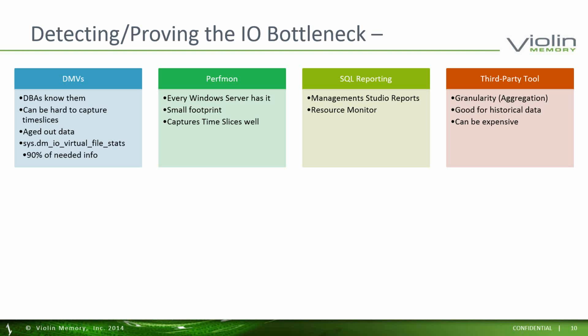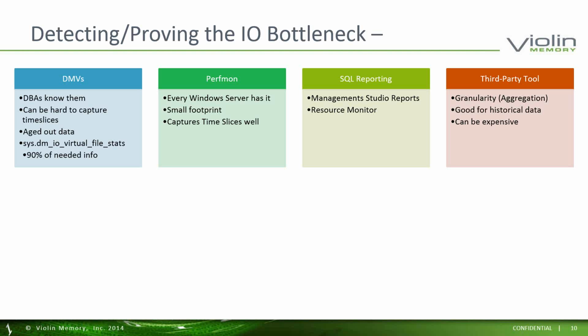But if you look at the DM I/O virtual file stats, you can get about 90% of what you need. SQL Server traditionally has not been very good at capturing CPU statistics, which the virtual file stats does not capture, but you can get around that by using perfmon.